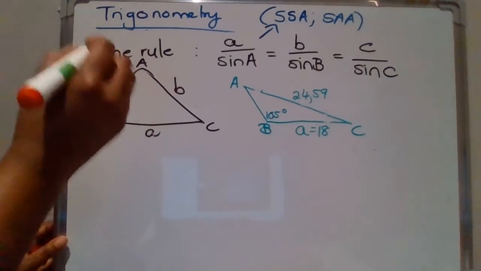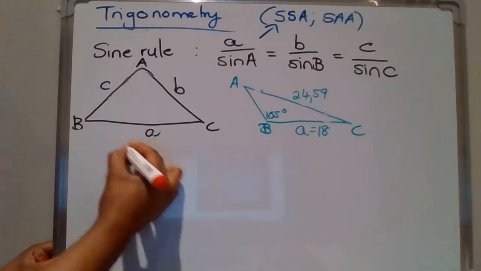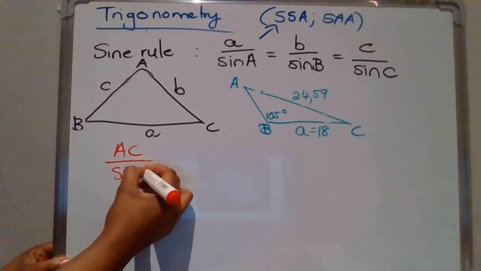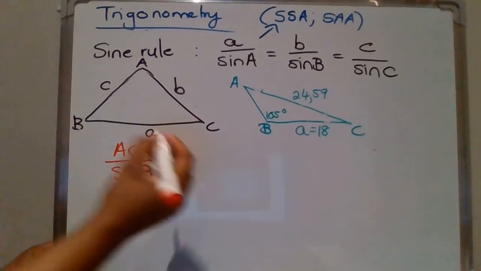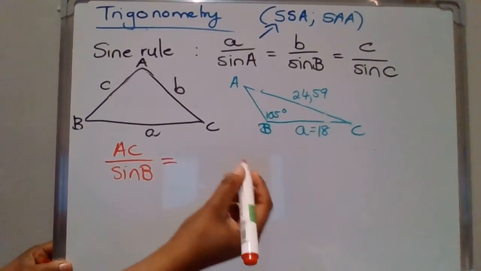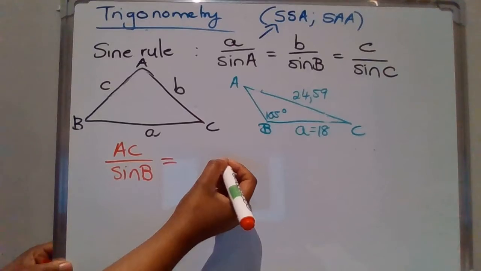Let's put together our sine rule, which says AC over sine B. Always start off with what you have. So I have AC and I have this angle here, is equal to, what am I trying to find?